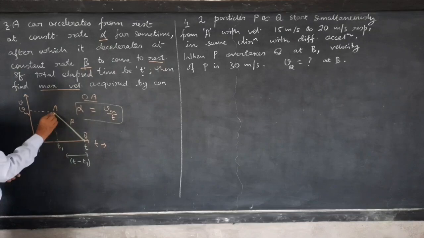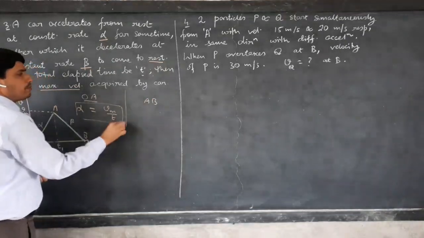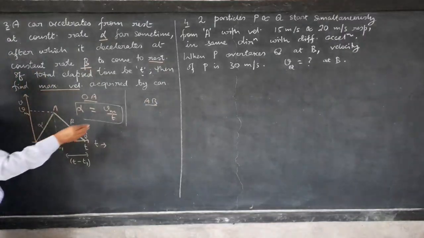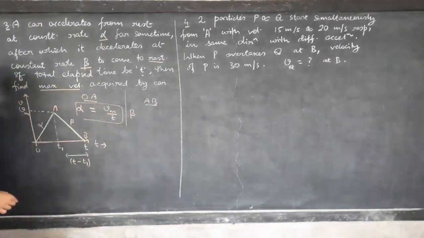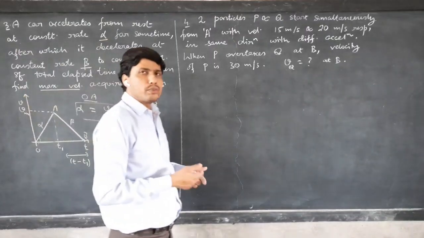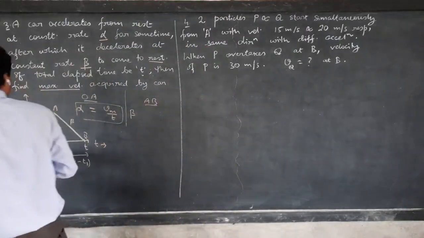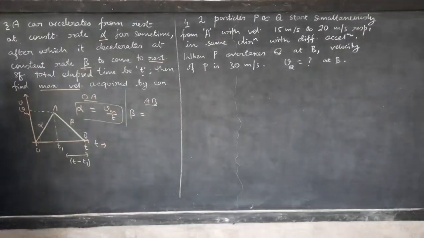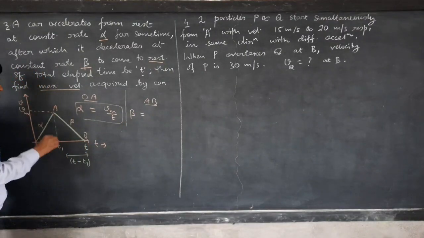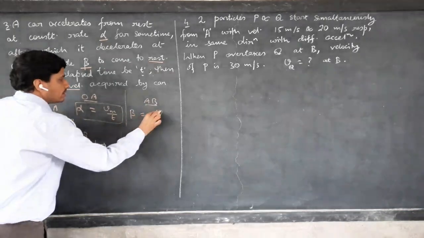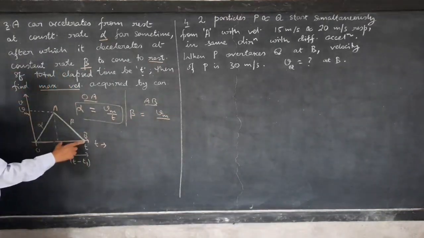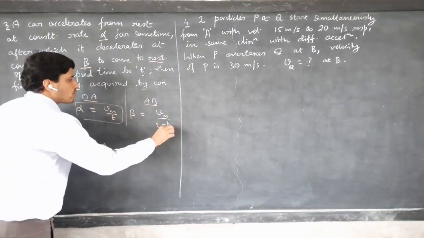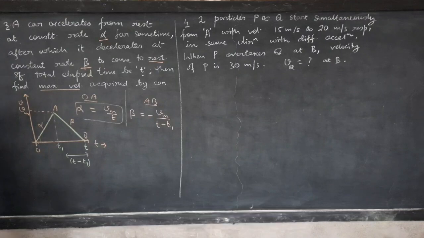Then we shall see part AB. In part AB, again the slope will give you acceleration. This acceleration is actually retardation, indicating there is a decrease in velocity magnitude, and its value is given as beta. So beta will be equal to, again, this by this. So this is Vm upon t minus t1, and we should not forget to put a minus sign. Why have we put the minus sign? It is because it is retardation. It can be a bit confusing.